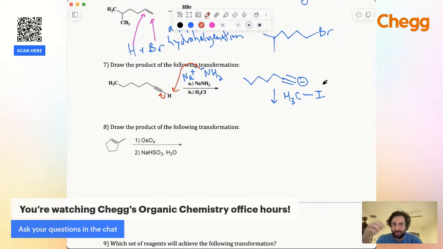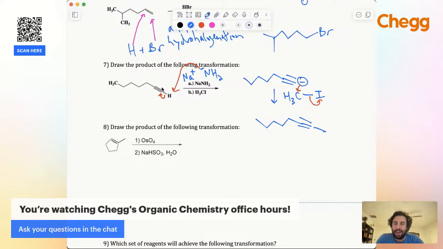There's no branching, and so these are excellent SN2 nucleophiles. Methyl iodide is an excellent electrophile here. So we're going to have that attack there. All we ended up doing is adding a methyl group to this alkyne. That's all we did.